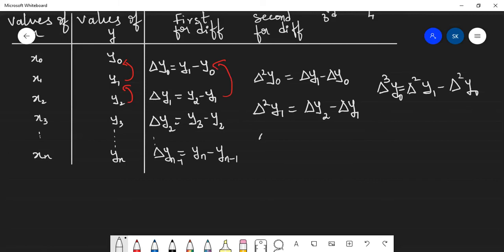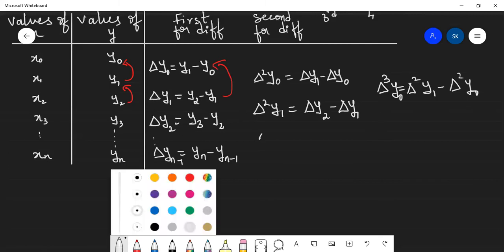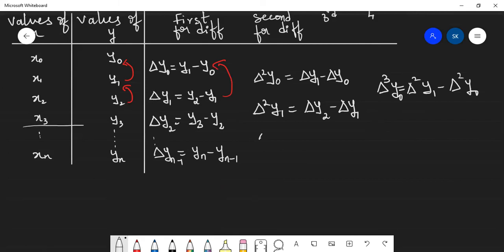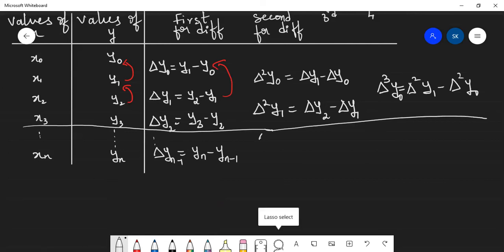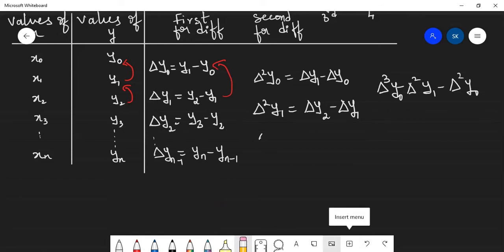In this table, since I have done only till y3, I ended with a single term for the third difference. It kept on decreasing. If you write more terms, you get more. Once I'll show you, I'll erase this and expand.